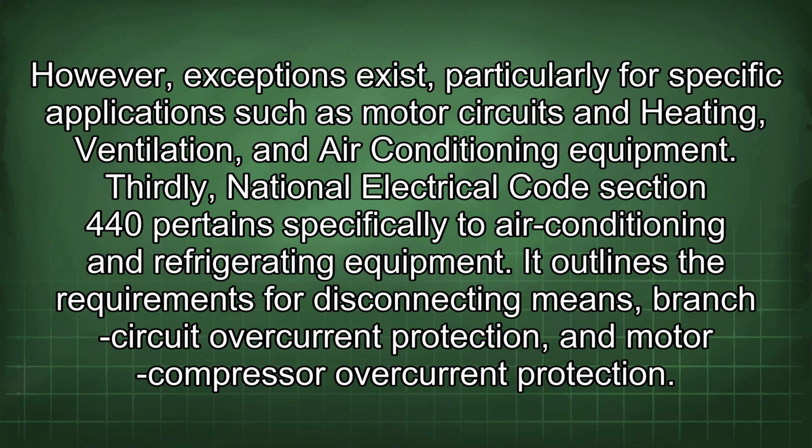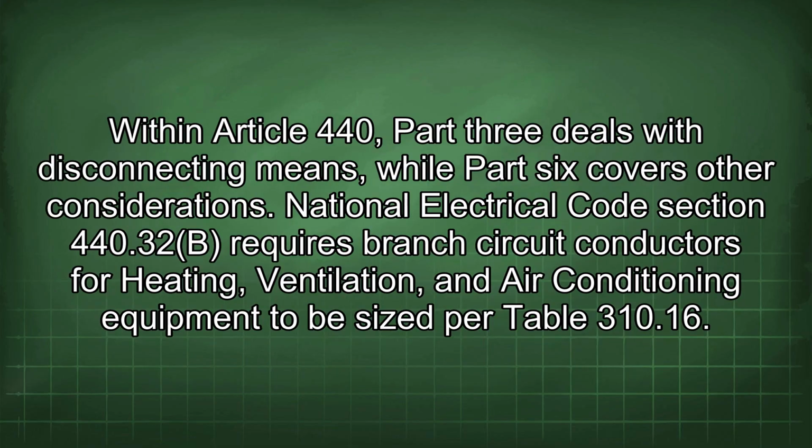Thirdly, National Electrical Code Section 440 pertains specifically to air conditioning and refrigerating equipment. It outlines the requirements for disconnecting means, branch circuit overcurrent protection, and motor compressor overcurrent protection. Within Article 440, Part 3 deals with disconnecting means, while Part 6 covers other considerations.